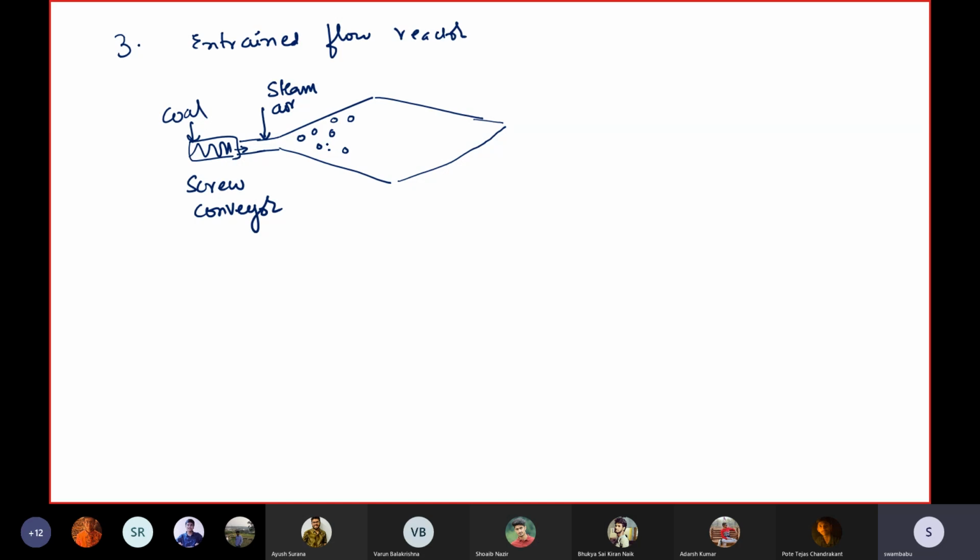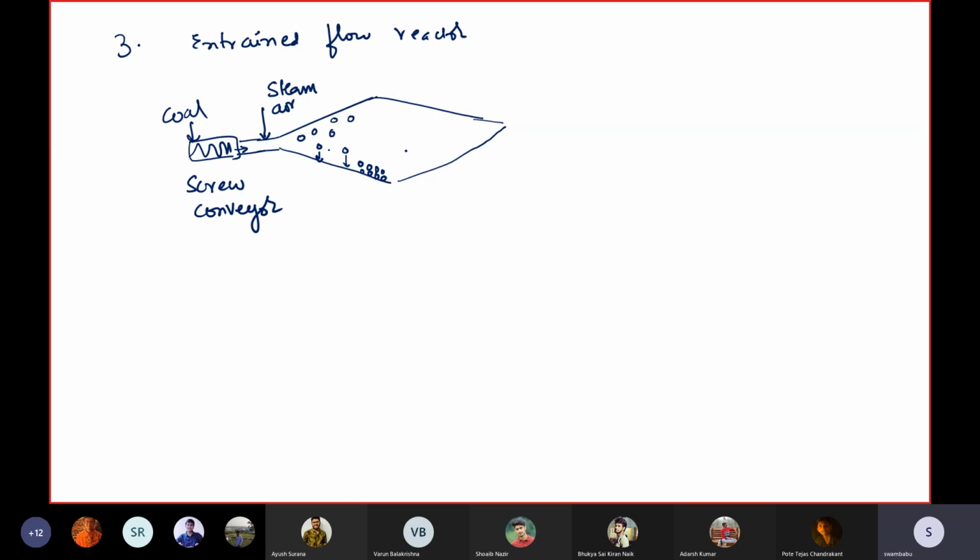The coal particles are converted to syngas, and since we are analyzing the cross section, the velocity of the steam and air with coal particle mixture will reduce. Since the velocities are reducing, the particle terminal settling velocity also will reduce. That way, by the time it reaches the midsection, these unconverted particles can settle down.